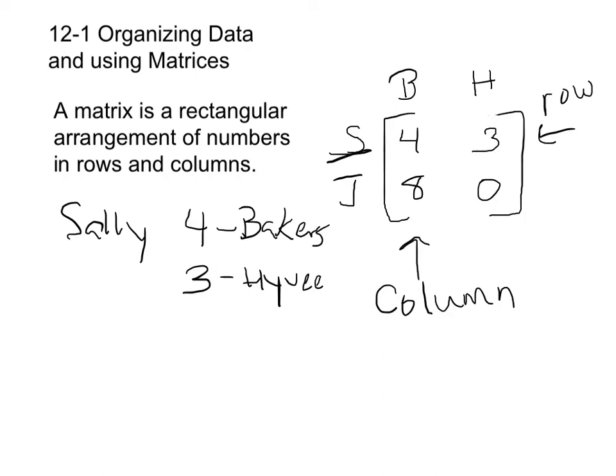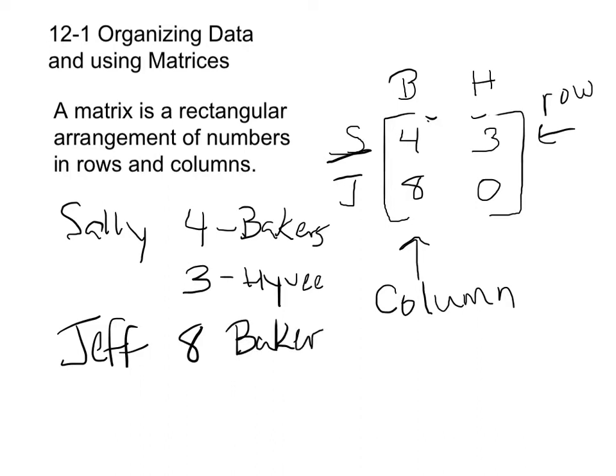So she worked 4 hours at Baker's and 3 hours at Hy-Vee. And then Jeff might have worked 8 hours at Baker's and no hours at Hy-Vee. And we can represent this data in a matrix to the right. So Jeff, there's his 8 hours at Baker's and 0 hours at Hy-Vee.